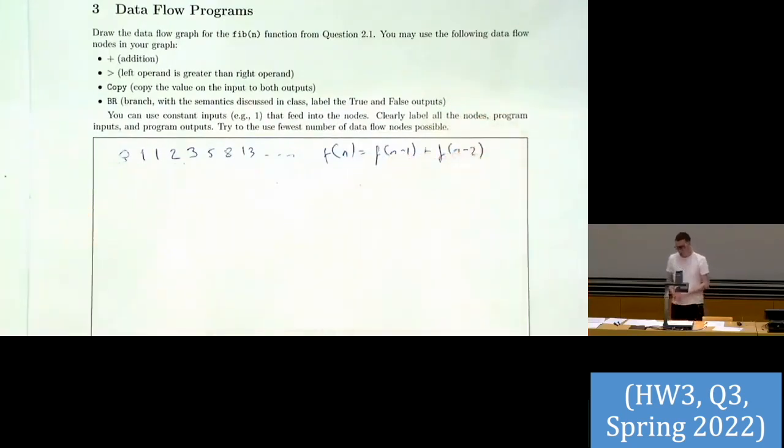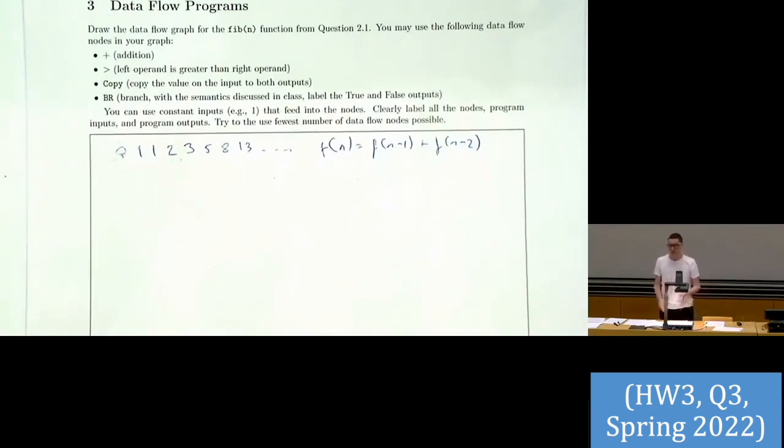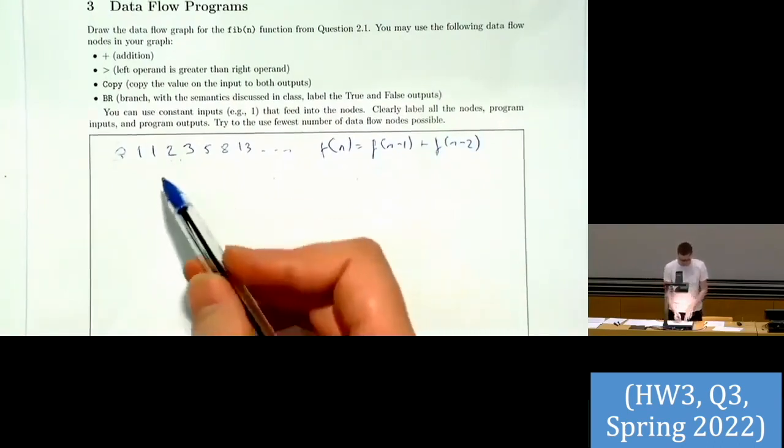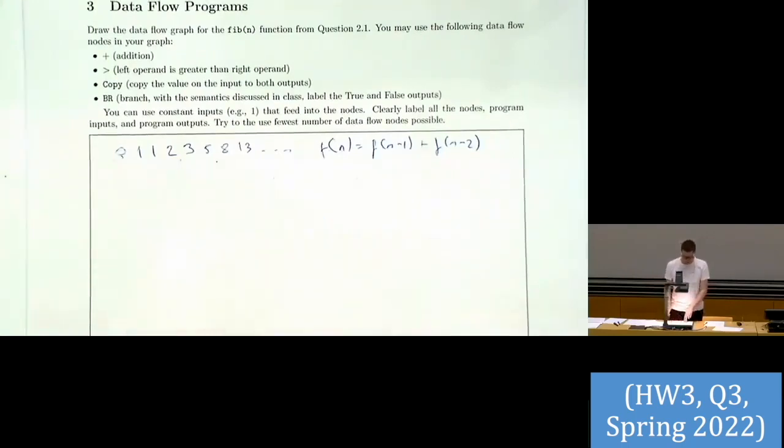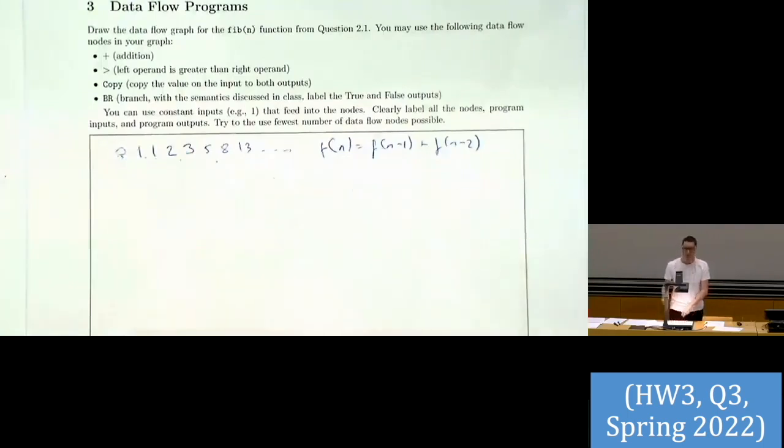You can implement this in a recursive manner, but it is, I guess, more difficult in data flow. So the iterative version is easier, where you start with 0 and 1, and then the next number is the sum of the previous two numbers.